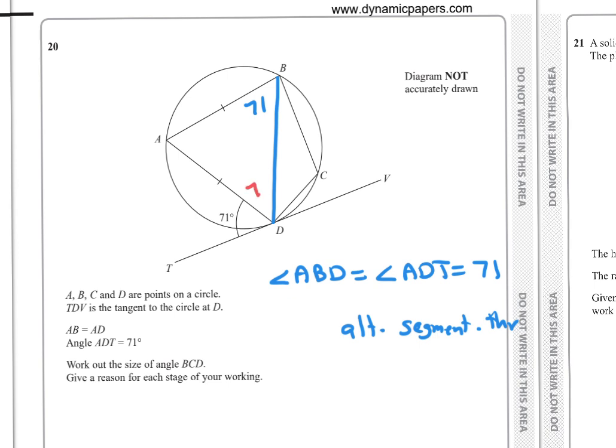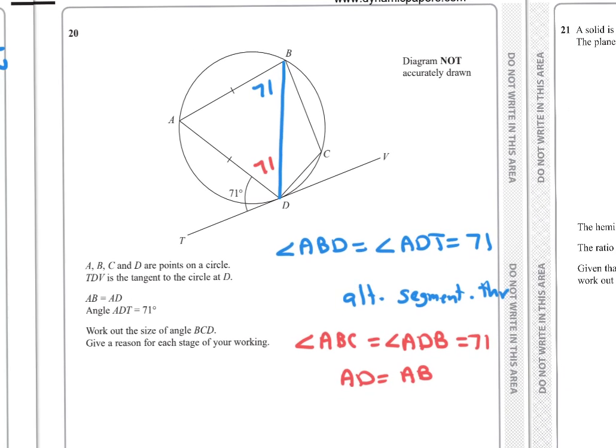So we can say that angle ABD equals angle ADB equals 71, because AD equals AB, or you can say that because ADB is an isosceles triangle.